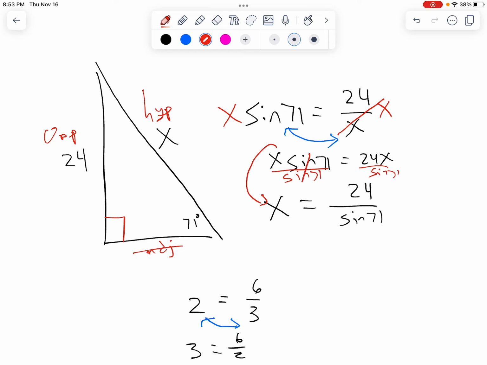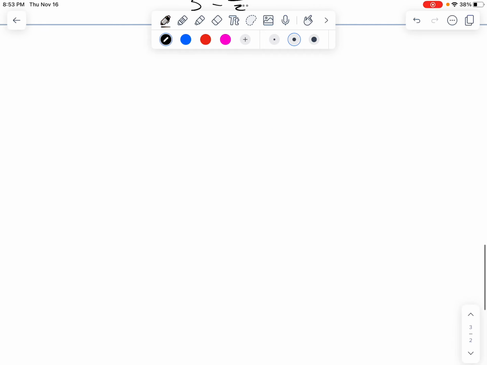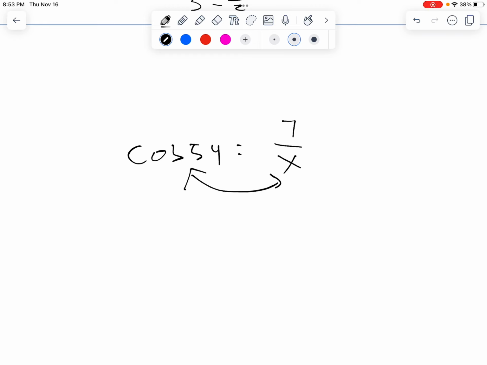The x would come here, and 24, yeah, you get that. Same way. But again, the fast way here, guys, is the shortcut. Let's say you have cosine 54 equals 7 over x. Just switch those guys out and say x equals 7 over cosine 54.